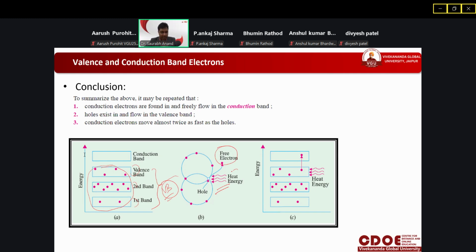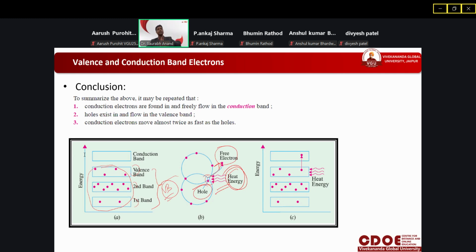We have applied some energy in the form of heat, so after gaining the heat energy, this electron becomes free. And whenever the electron becomes free, it leaves some space. If you are sitting on a chair and you stand up and go somewhere, that seat becomes free, meaning there is a vacant space, and that vacant space is known as a hole.